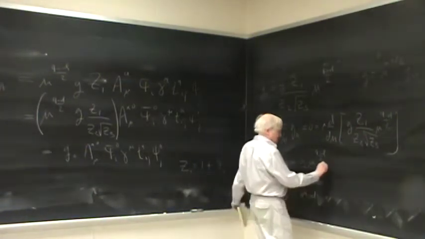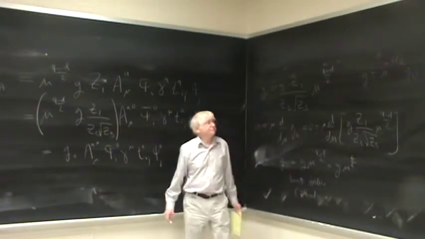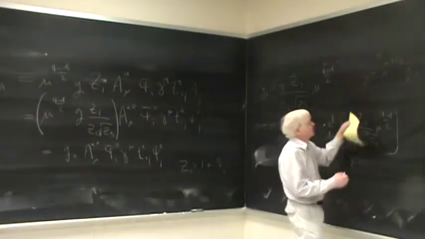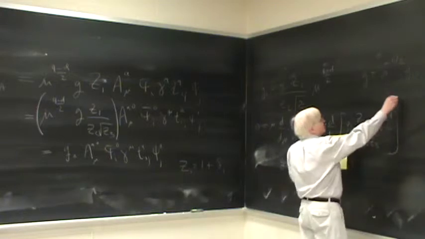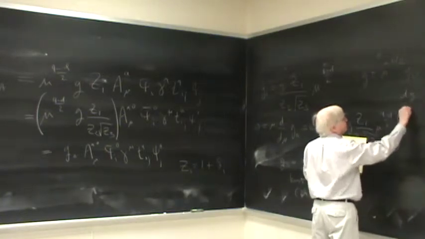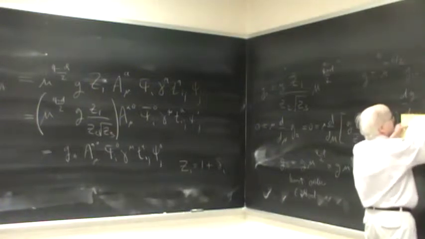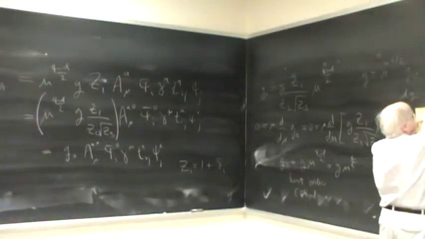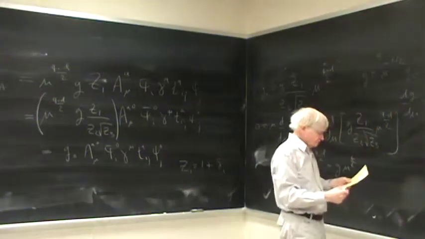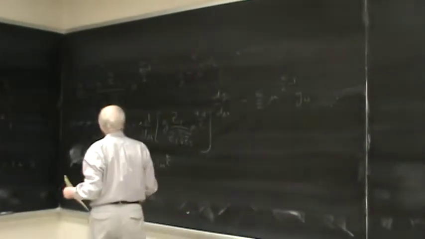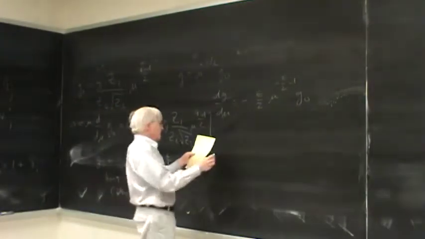So g0 is g mu to the epsilon over 2, and writing things the other way, we have that. And so dg/d mu is minus epsilon over 2 mu to the (minus epsilon over 2 minus 1) times g0. And now what we've got here is mu d by d mu, so we want to rewrite that.